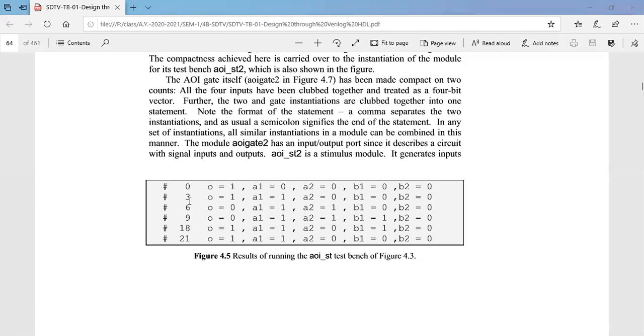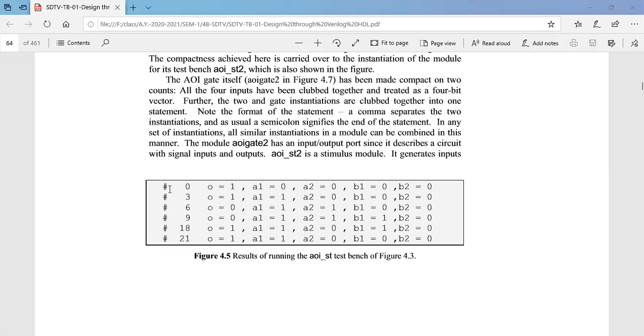After 3 units of time, we are making A1 as 1, A2 0, B1 0 and B2 0. At that time also the output is going to be 1.